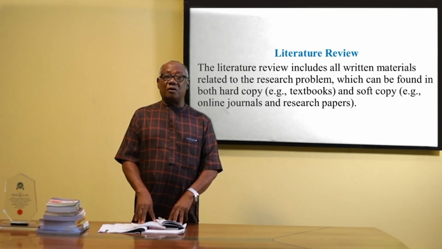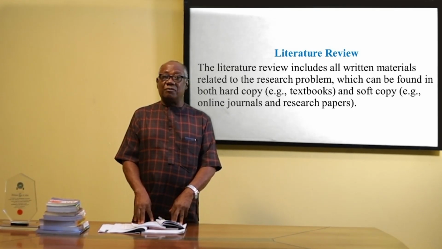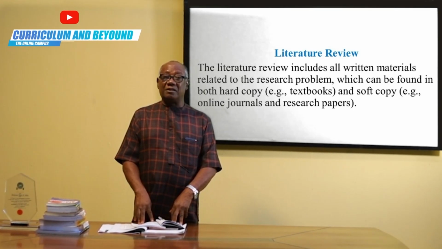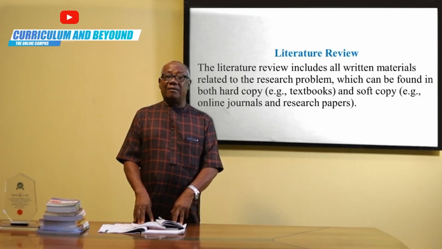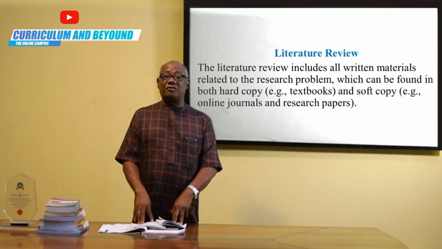The literature we source from the internet are in soft copies. The one we see in textbooks are in print forms. Now, chapter 2, that is literature review, is presented under the following headings.